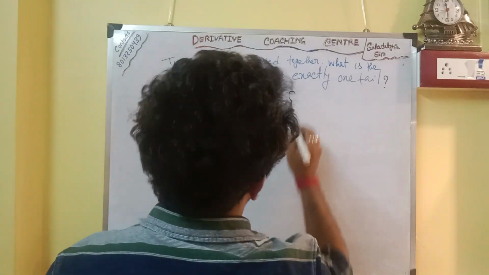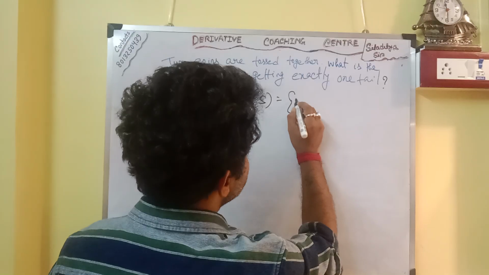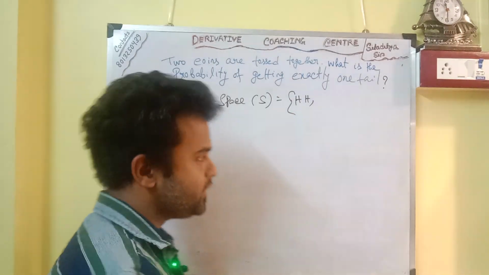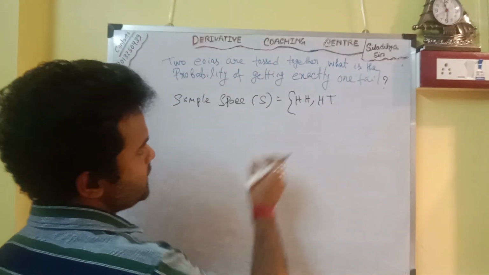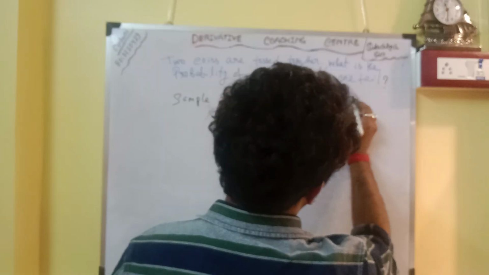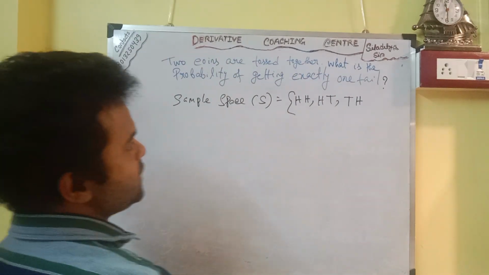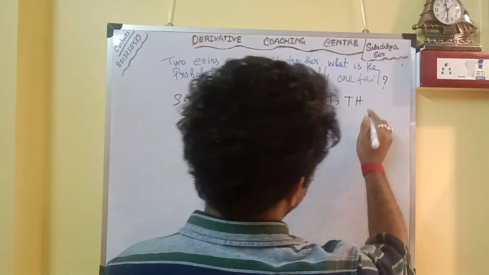So now if we toss two coins together, the sample space: the first outcome may be head head. Then head tail: the first coin is head and the other coin is tail. Then tail head: the first coin is tail and the second coin is head.